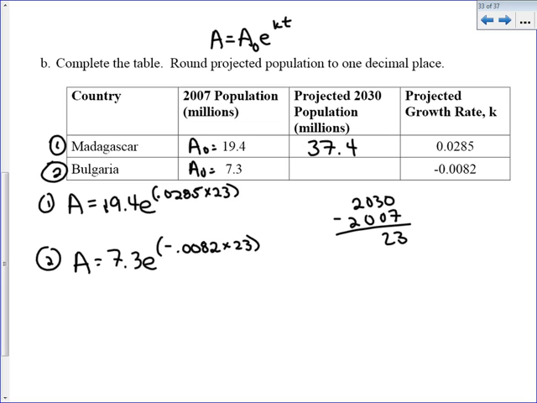So what's my population in 2030? You got 8.81. You probably forgot a negative sign. We shouldn't be getting bigger. Got 6.0. 6.04. Yeah. We just write 6.0. You do get 6.0452, but to one decimal place would be 6.0.